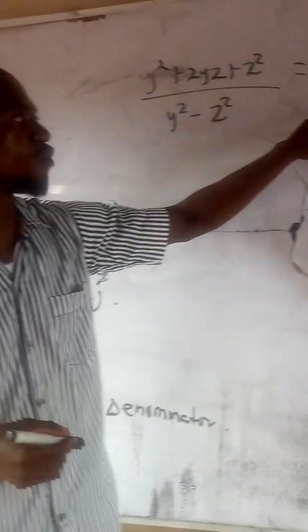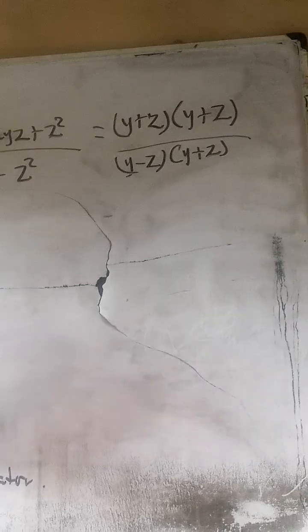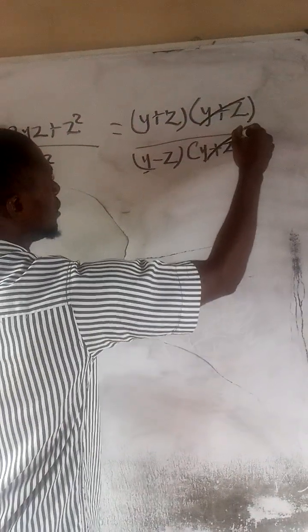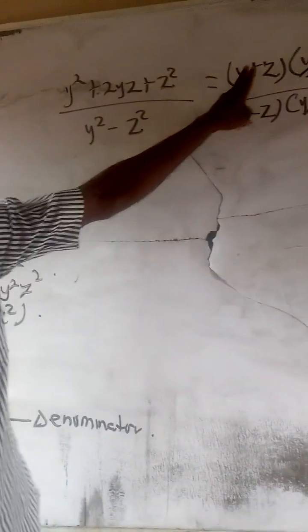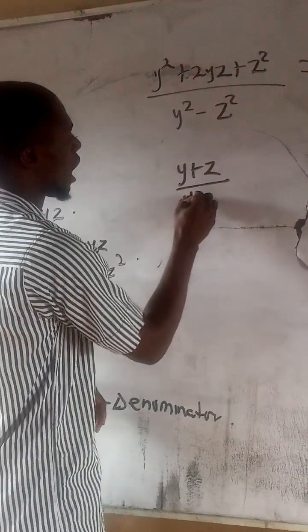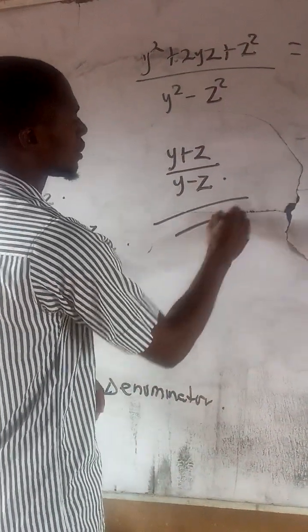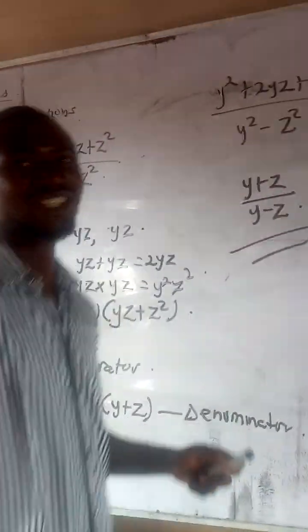This is common to this, and then these will now cancel themselves. What will be remaining is y plus z over y minus z, and this gives us the final answer.